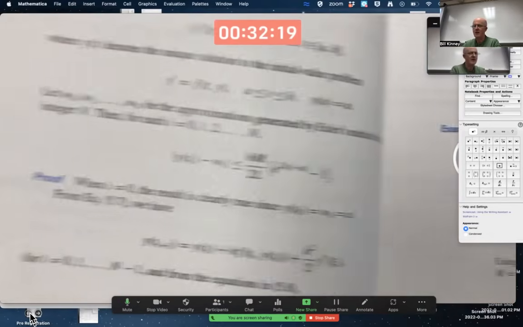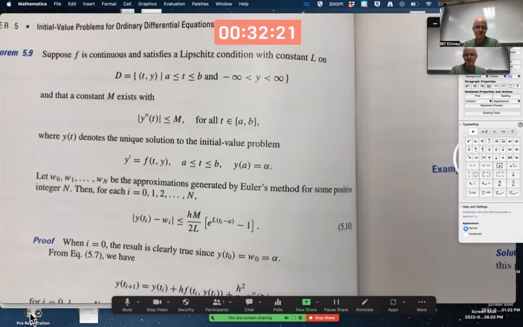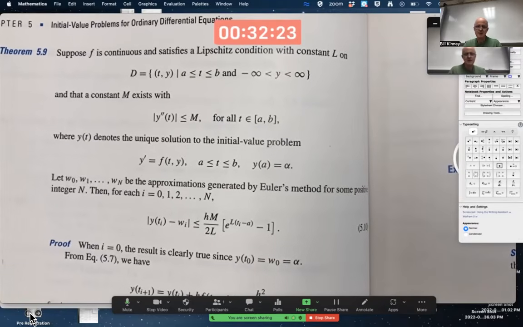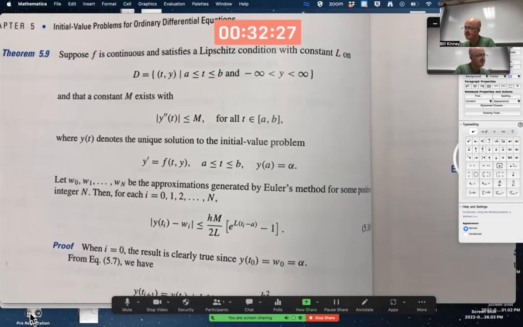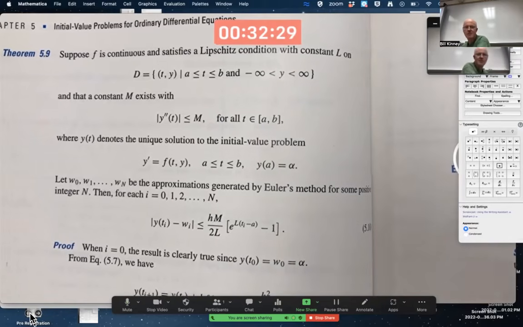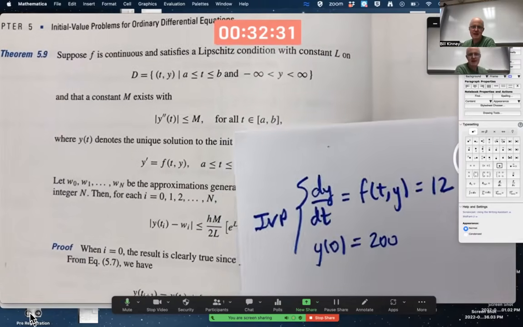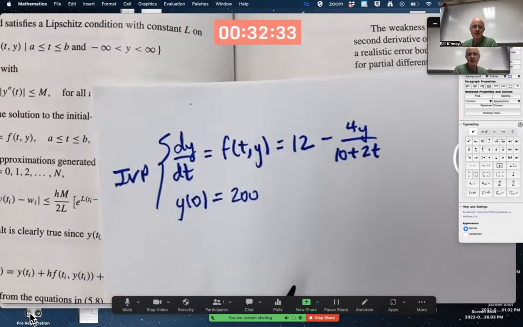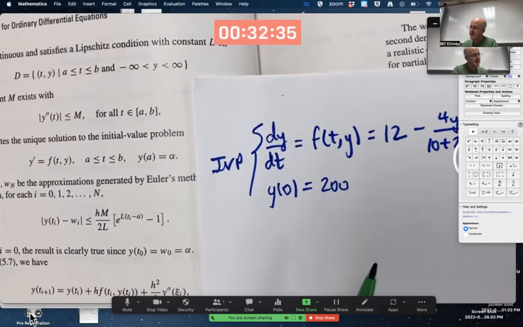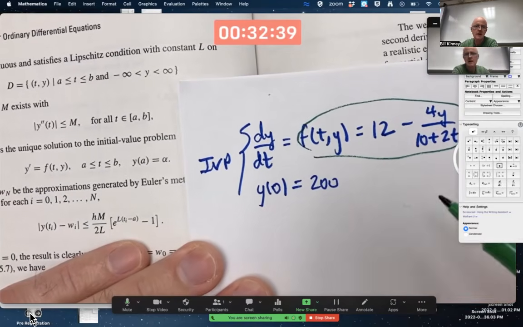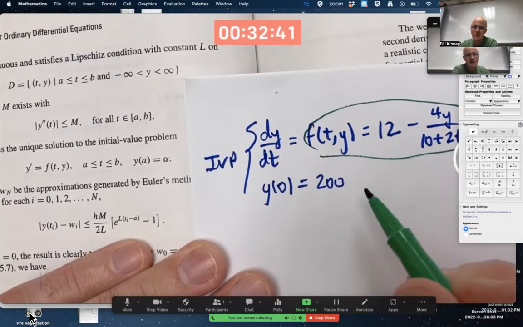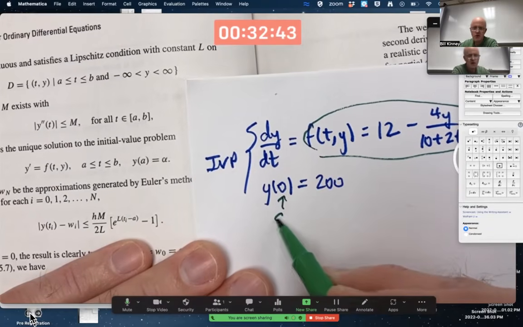What we want to do right now, though, is try to apply this theorem to our example at hand. So for our example at hand, f of t, y is this function here. A is 0.